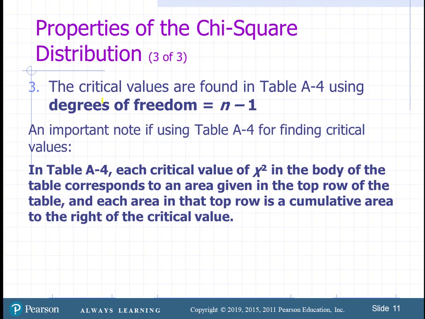Now we're going to use our degrees of freedom, the number in our sample minus 1. We're going to use Table A4 to find the critical values, and what we do when we do that is set up our region of rejection.